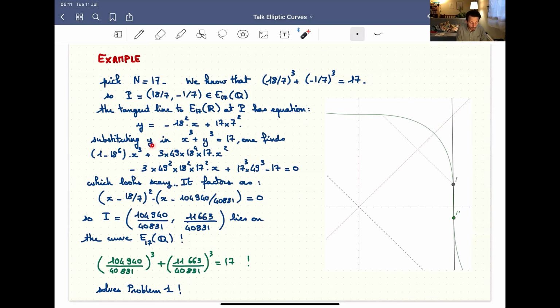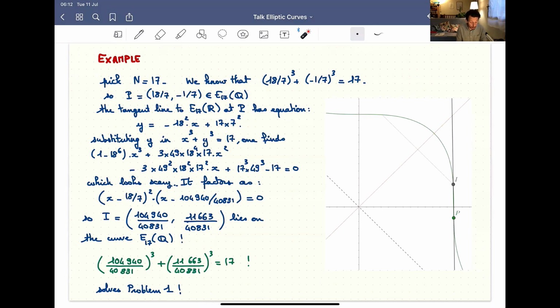We substitute y in the original equation, and then we find a cubic equation in x, which has a huge coefficient, so 49 squared times 18 squared times 17 squared. Which is a bit scary, but if you use a computer, it solves pretty easily, and you find that this huge equation factors like this.